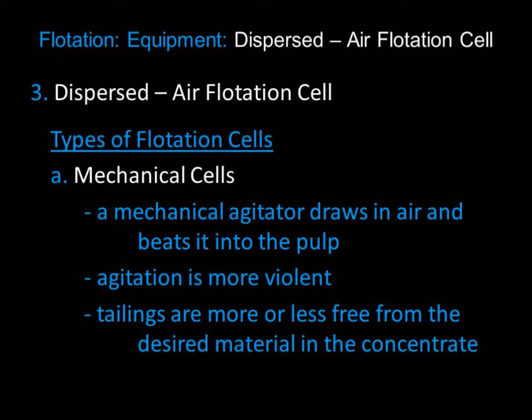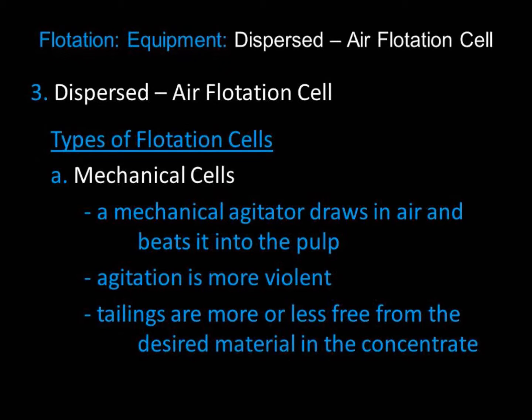Mechanical cells is the first type of dispersed air flotation cell. Mechanical cells is characterized by a cubic or cylindrical shape equipped with an impeller surrounded by baffles, with provisions for introduction of the feed slurry and removal of froth overflow and tailings overflow.